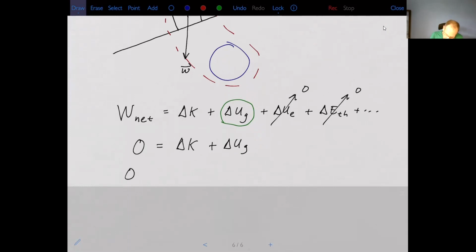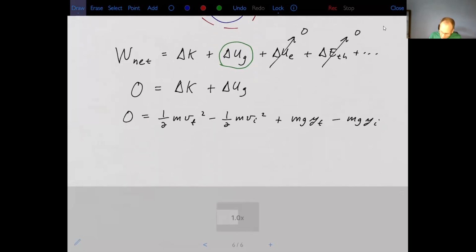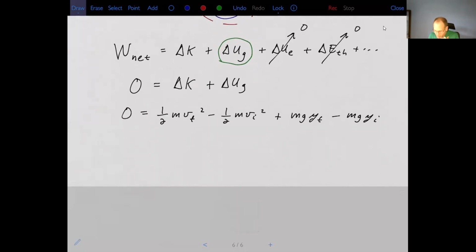Okay, but we know the change in kinetic energy is 1/2 m v final squared minus 1/2 m v initial squared. We know the change in gravitational potential energy is going to be mg, I'll call it y final, minus mg y initial. Typically what people do now is move the initial terms to the left-hand side.